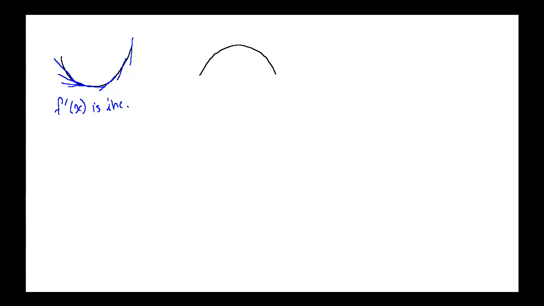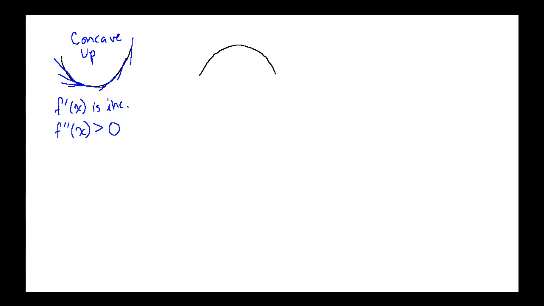The slopes of the tangent lines go from negative, get less and less negative, and then go to positive and more positive. Well, increasing means that its derivative is positive. If f prime is increasing, its derivative is positive. The derivative of the first derivative is the second derivative. So that would indicate that the second derivative is positive, concave upward.